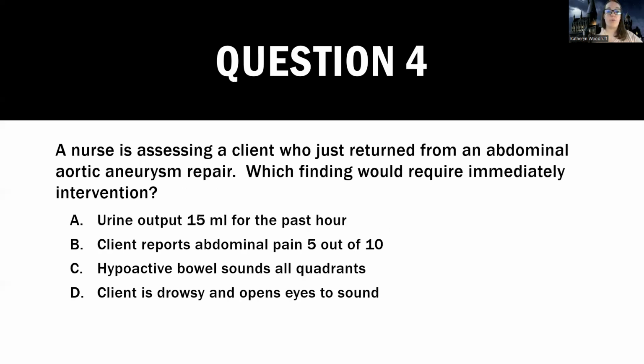So question 4. A nurse is assessing a client who just returned from an abdominal aortic aneurysm repair. Which finding would require immediate intervention? It's really important here to look at time. It says they just returned. Anytime it's talking about a patient with surgery, you always want to know when they got back, where we are in their recovery process.